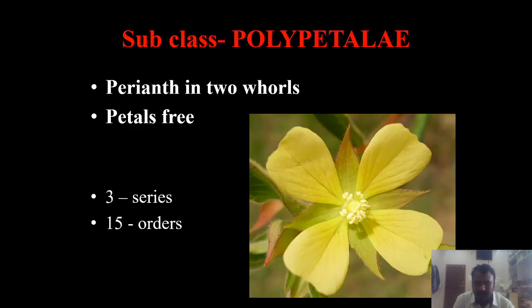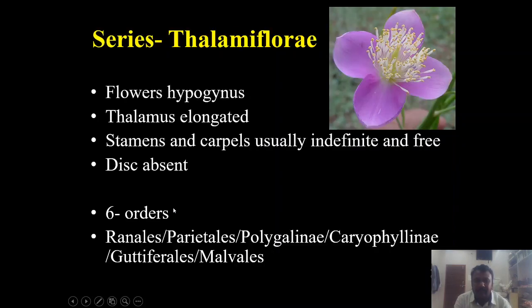Then the subclass Polypetalae. The characteristic features of Polypetalae are perianth in 2 whorls, petals free, or the inner whorl of the perianth free. These are the petals, they are free, and it has 3 series and 15 orders. The first series is Thalamiflorae.